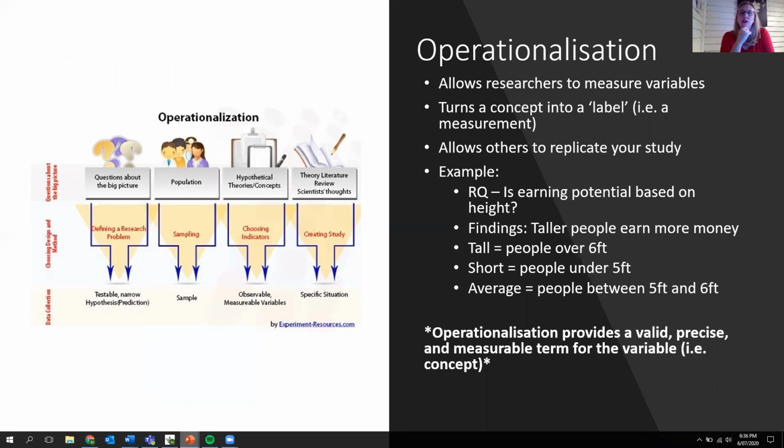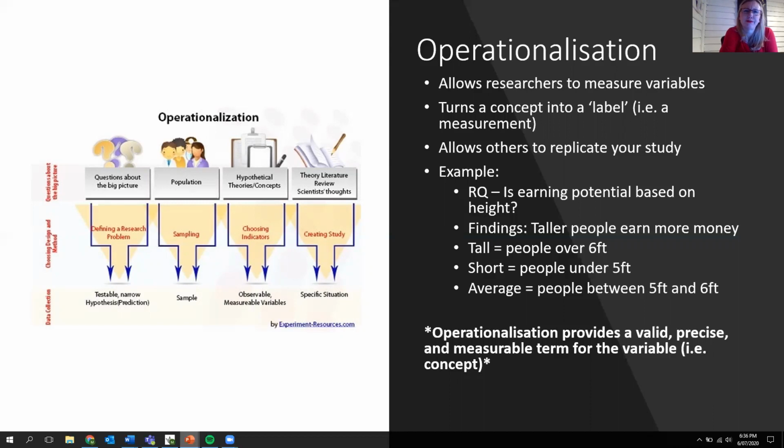Now, it can allow other people to replicate, and that's very important for reasons we'll talk about later in the trimester, because we want to be able to say, my idea, my hypothesis, my research question is important, and we found it over and over and over again. That means it's not an anomaly or it's not a fluke. That is a proven and evidence-based idea. Okay?